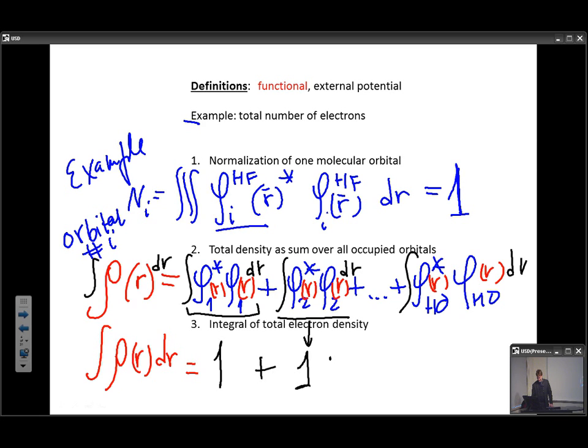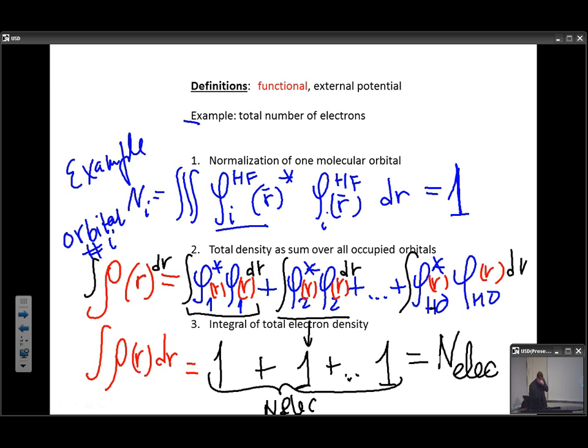It is also normalized. Then each of the orbitals is normalized, and we do it until we reach the last occupied orbital. So we get as many ones as we have electrons in the system. So 1 plus 1 plus 1 will actually be the number of electrons. So it is another example of a functional. So the total number of electrons in the system is a functional of the total density.